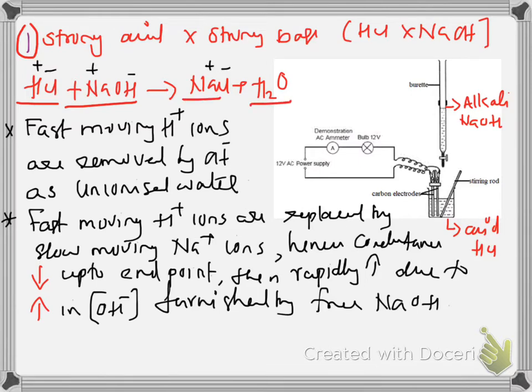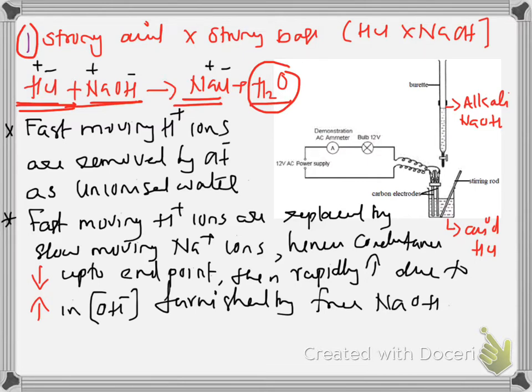HCl is a strong acid, a strong electrolyte. NaOH is also a strong base, and at the same time a strong electrolyte. NaCl is a salt which is again a strong electrolyte, but H2O is weak or feebly ionized. So it is unionized, and the other three are in ionized form. We have written it in ionic form.